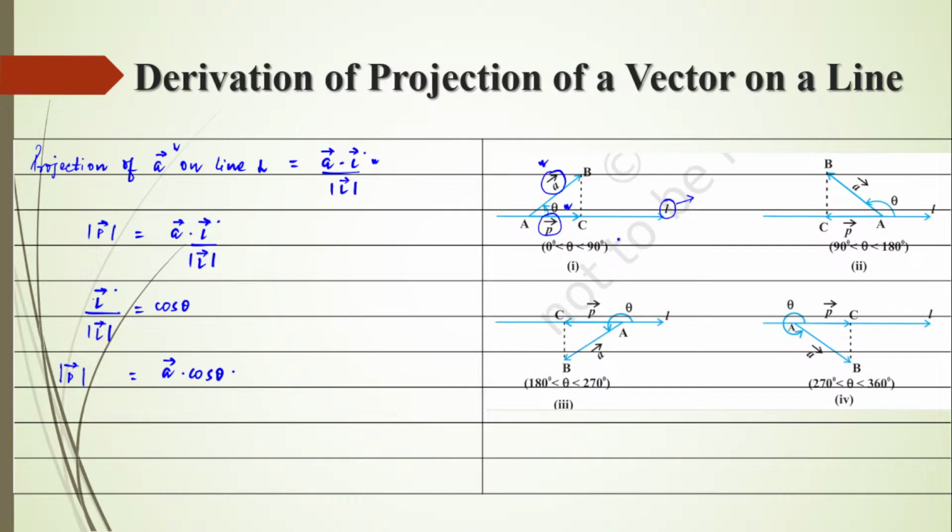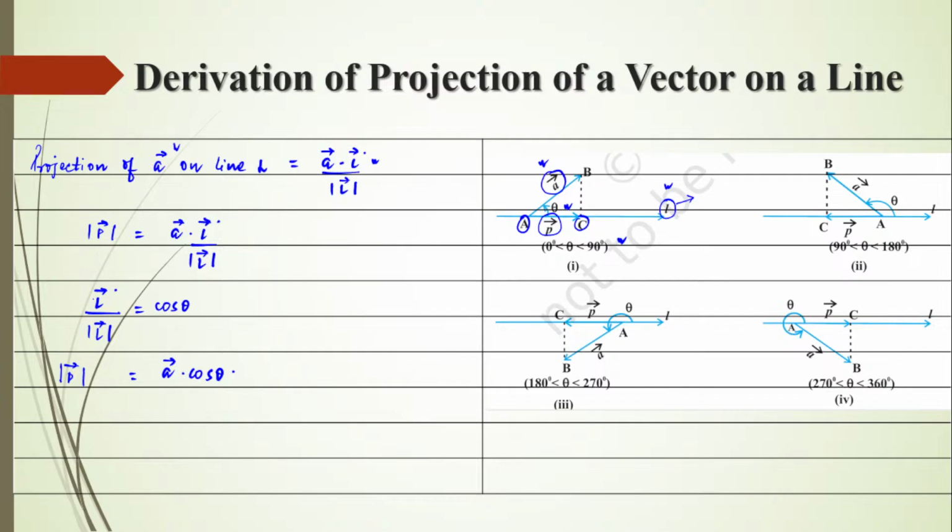Let's see here, in the first figure, vector A lies in the first quadrant. In that case, the direction of the projection AC is along the direction of L, the directed line.